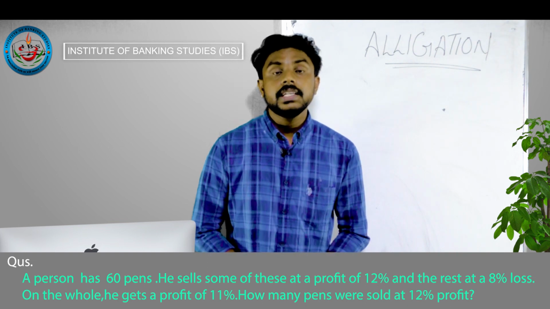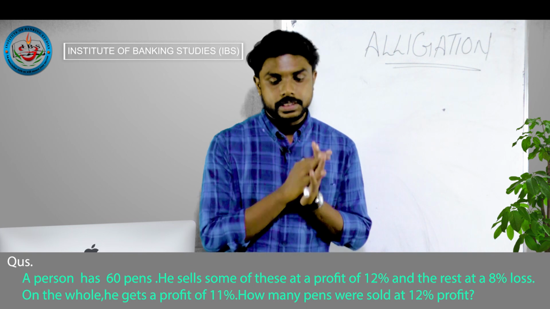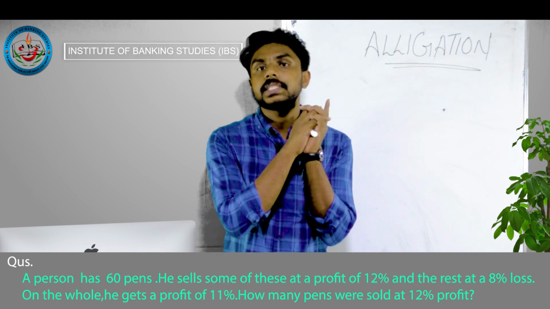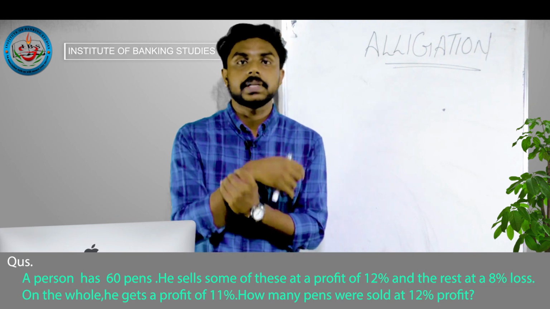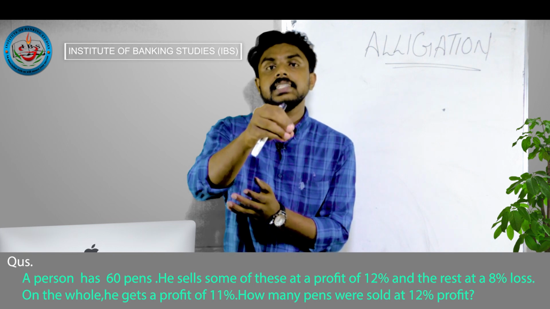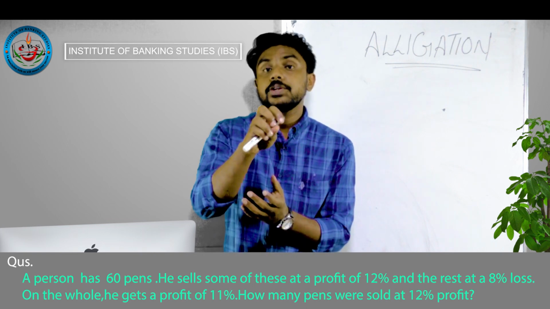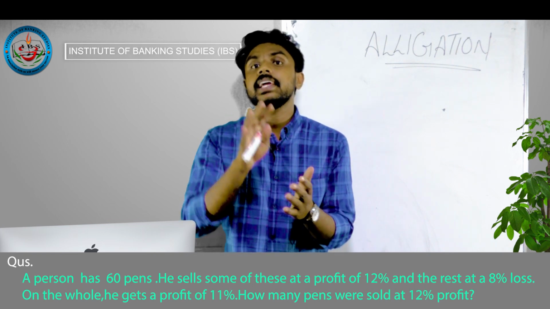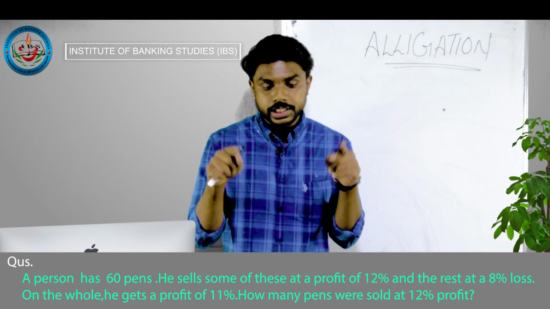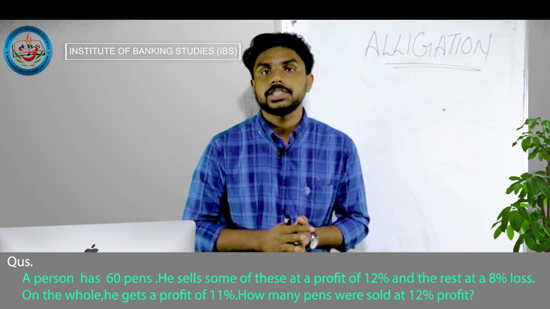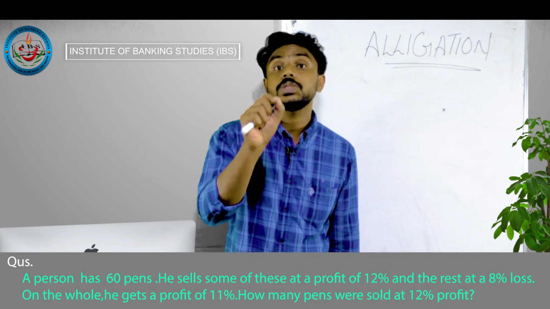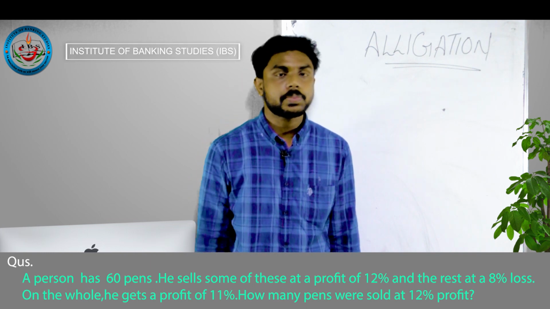He sells some of those pence at a 12% profit and the remaining at an 8% loss. In the total transaction, he received a profit of 11%.